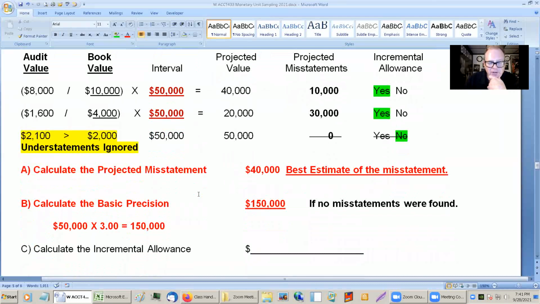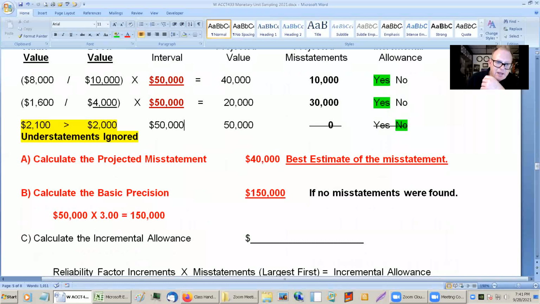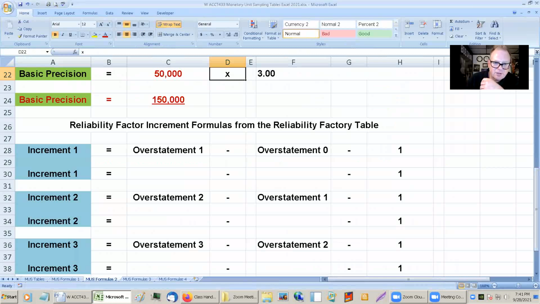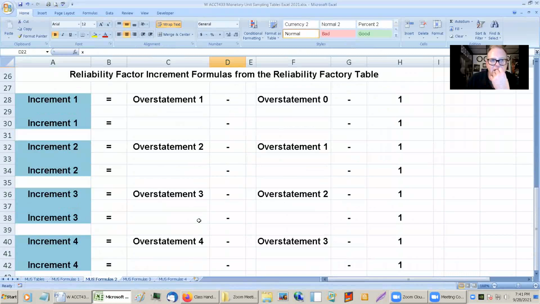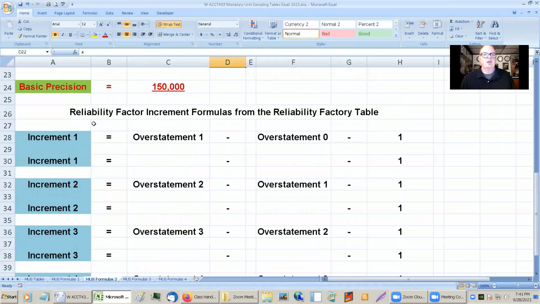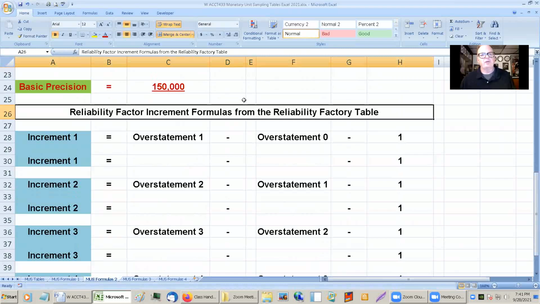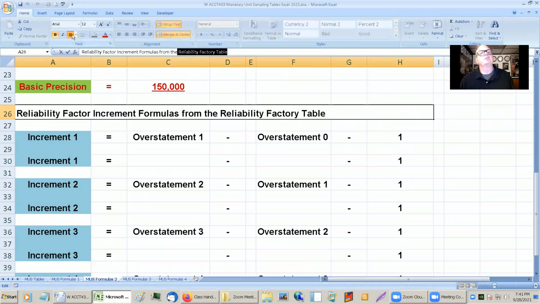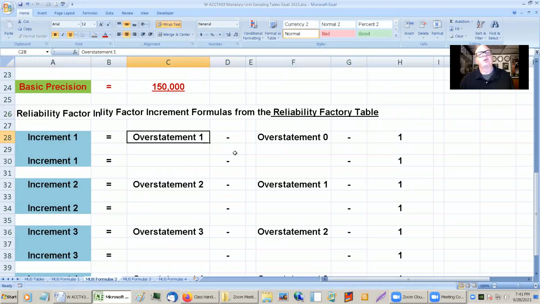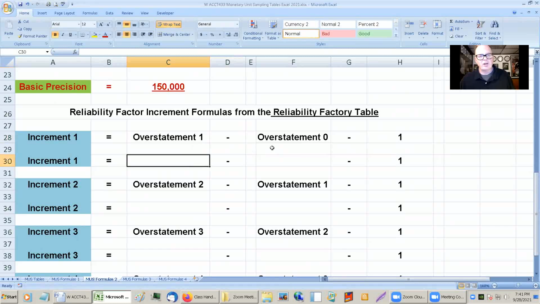Okay, so incremental loss. Now this is going to be wacky, and this is one of those things that I wish, well, a few times I wish I wrote auditing books, but here goes. So here's the wacky part. We go to the reliability factor table and we look for the overstatements for 1 overstatement versus 0 overstatements.